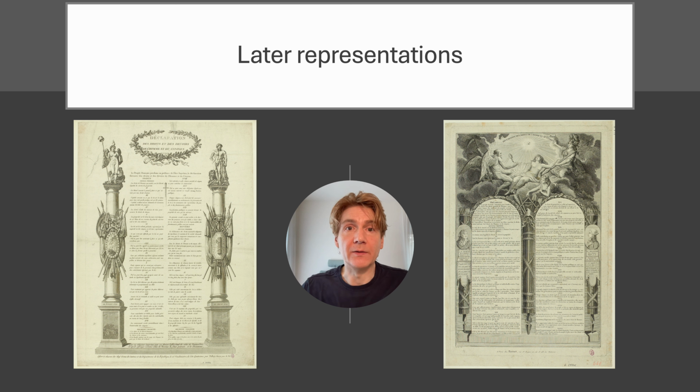The engraving on the right was designed by Desrets in 1793 and engraved by Blanchard. It reiterates the design of the two tables, like the commandments given to Moses, and the text of the 1793 Declaration of Rights is inscribed in both tables.